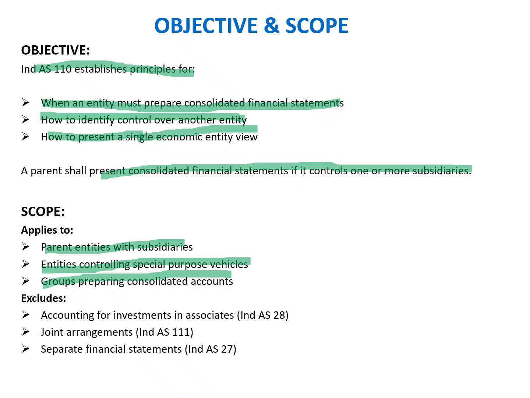And it excludes the accounting for investment in associates, which is covered in Ind AS 28, joint arrangements, which is covered in Ind AS 111, and separate financial statements, which is covered in Ind AS 27. So the objective is to make sure that whenever the entity passes the controlling interest test, then it has to do the consolidation as per the procedure prescribed under Ind AS 110. So we'll move to the next slide.